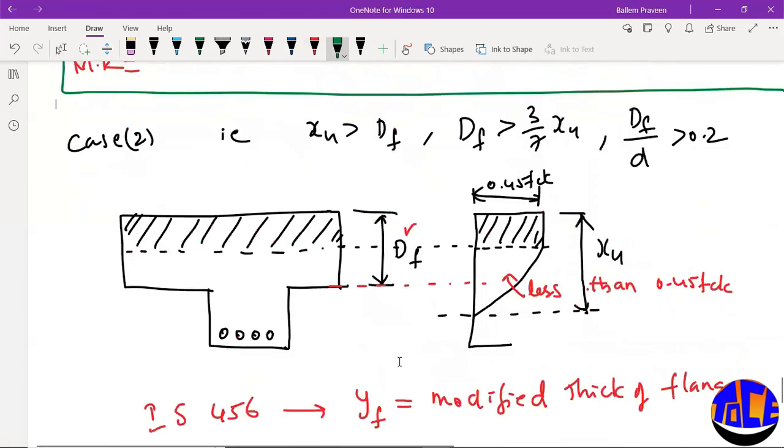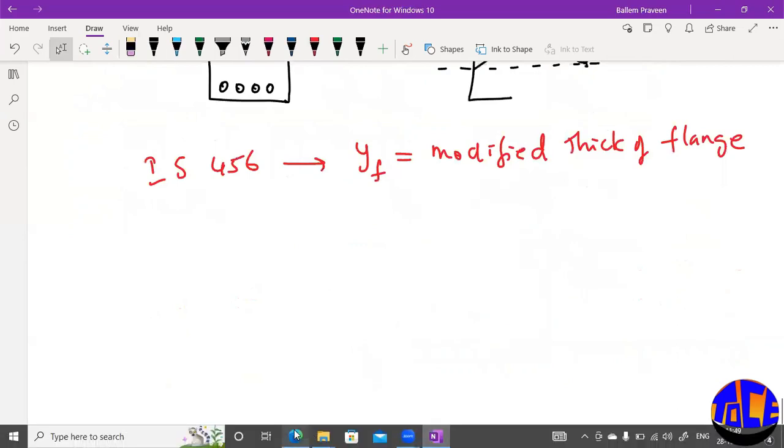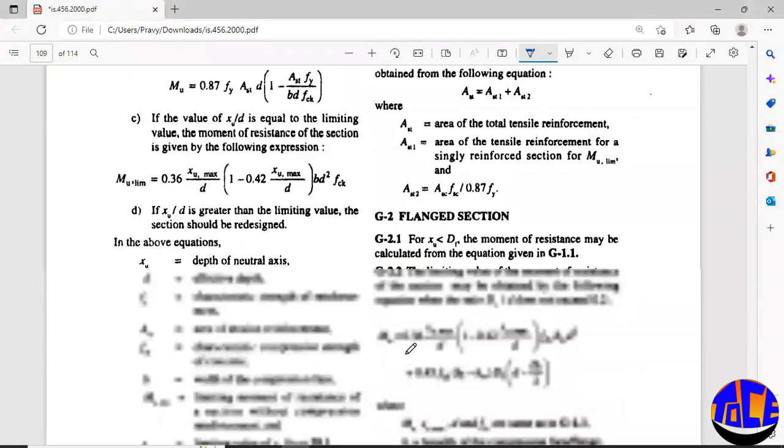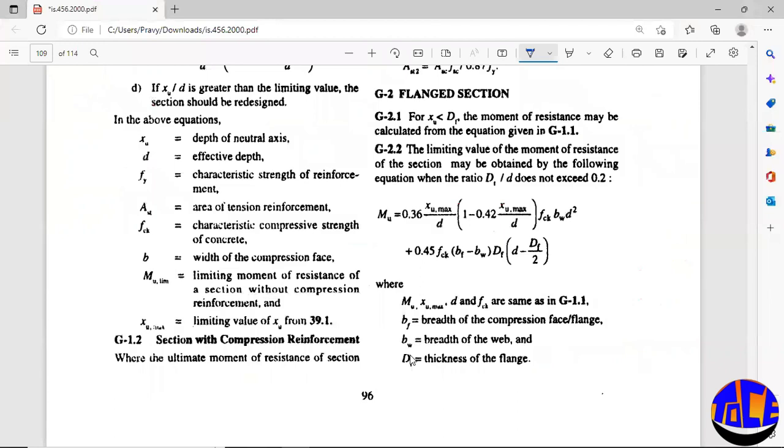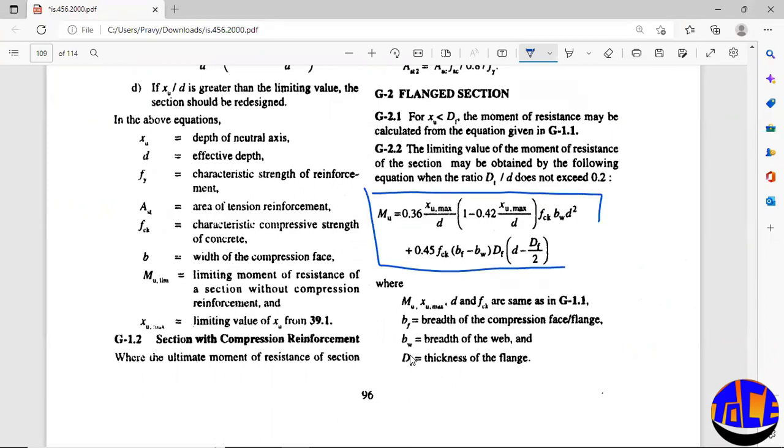Let me show that formula for you. If this is case 1, you can use this formula, the same formula that we have derived, with xu max by d substituted.